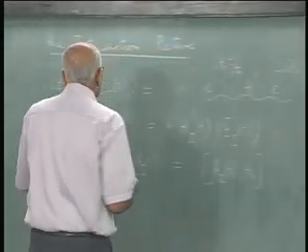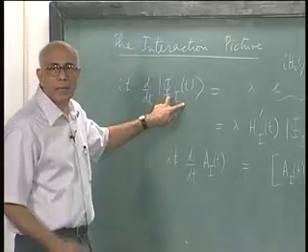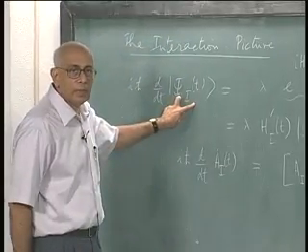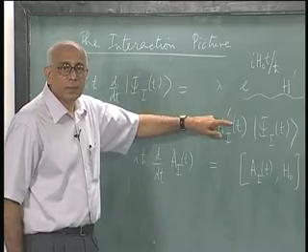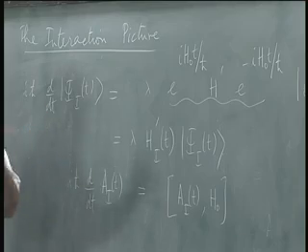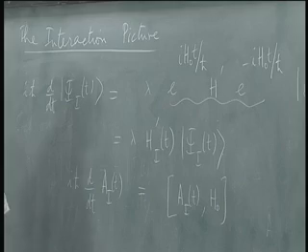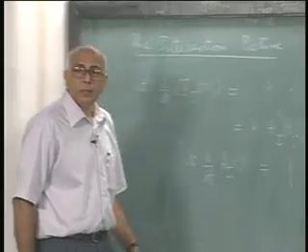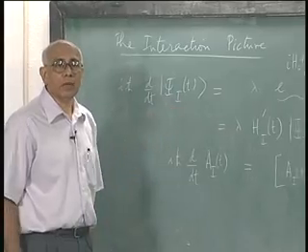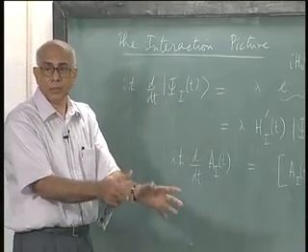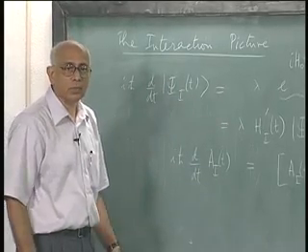but if you specify this vector at some initial instant of time, this is a Hermitian operator still, therefore you still have unitary evolution of the system. Then you can write down, given this vector at some initial instant of time, you could choose that to be the state vector, the Schrodinger state vector at t equal to 0.